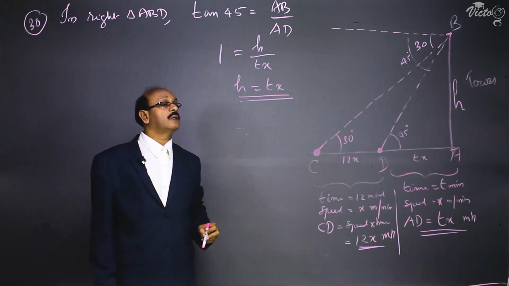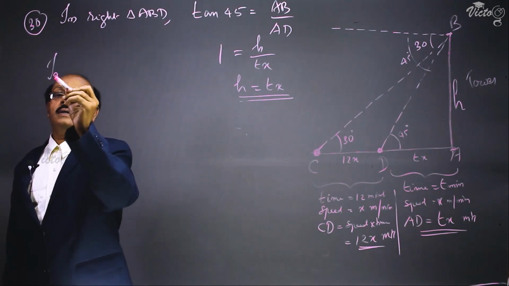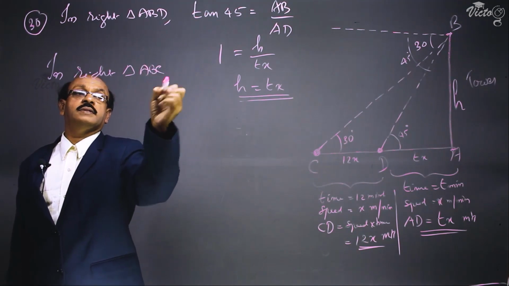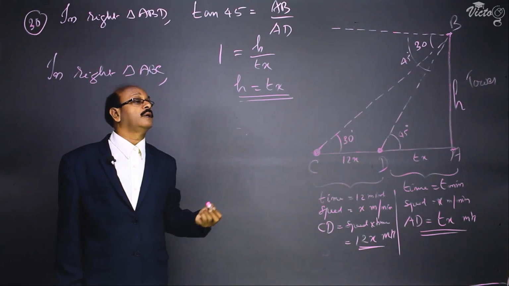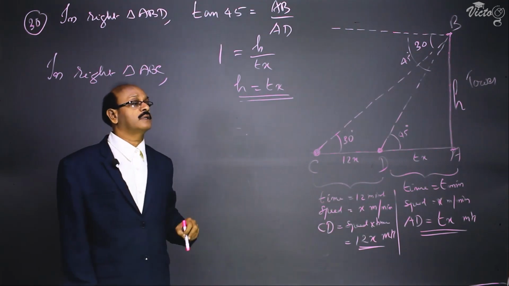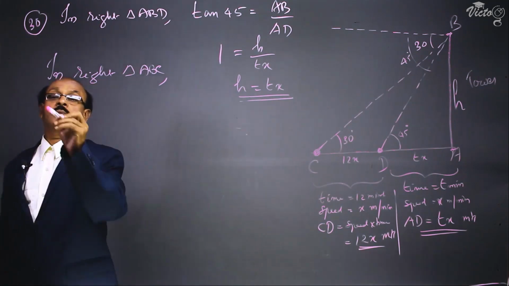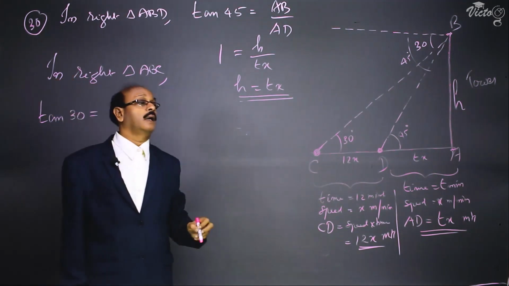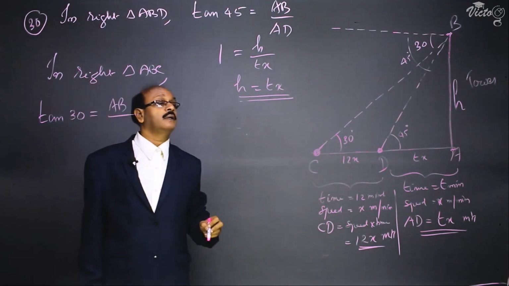Now we have to consider triangle ABC. In right triangle ABC, we are considering 30 degree, H is the opposite side, it means AB is the opposite side and AC is the adjacent side. So we have to take again tan 30. Tan 30 is equal to opposite side AB divided by adjacent side AC.